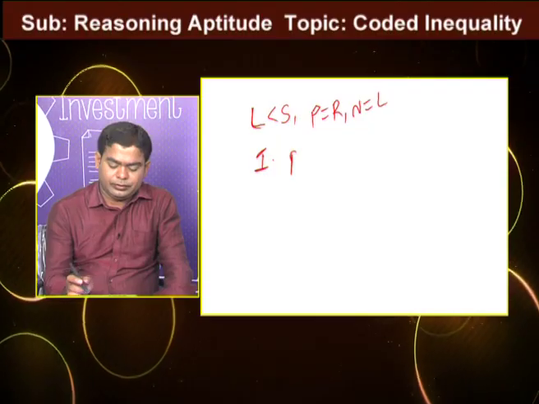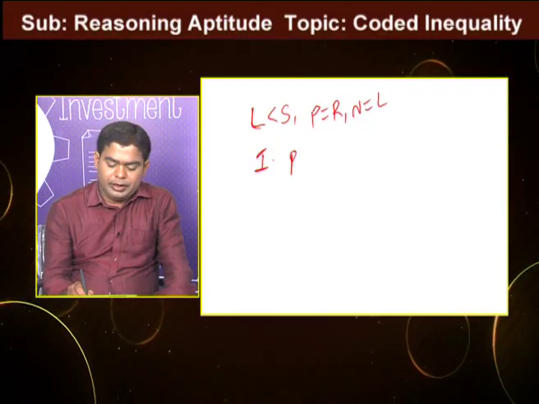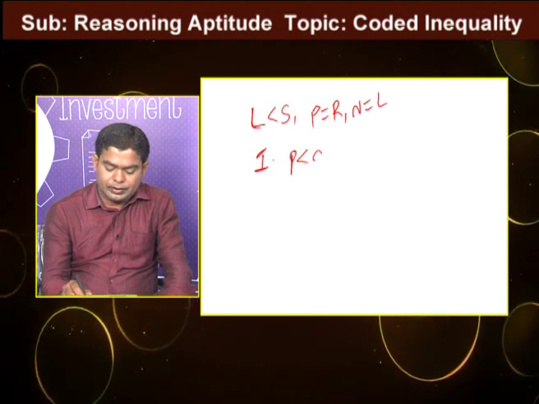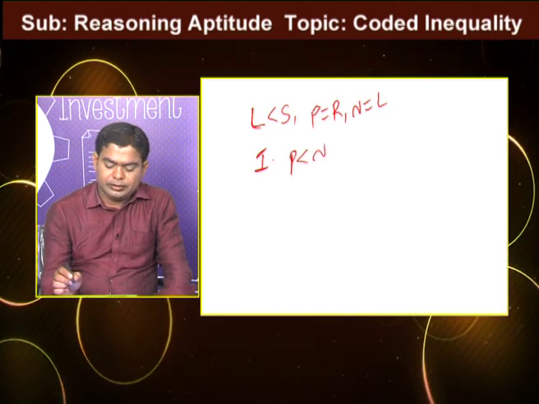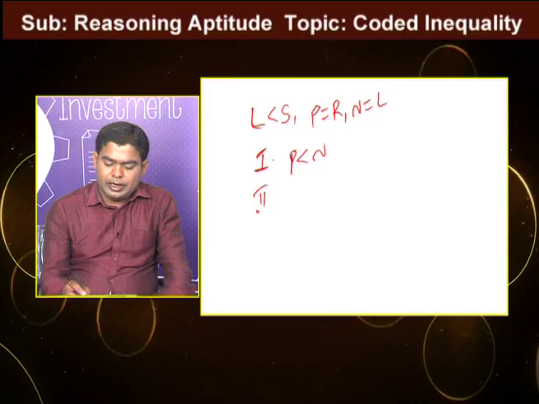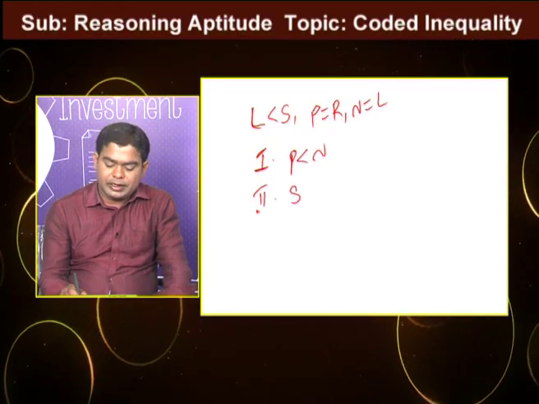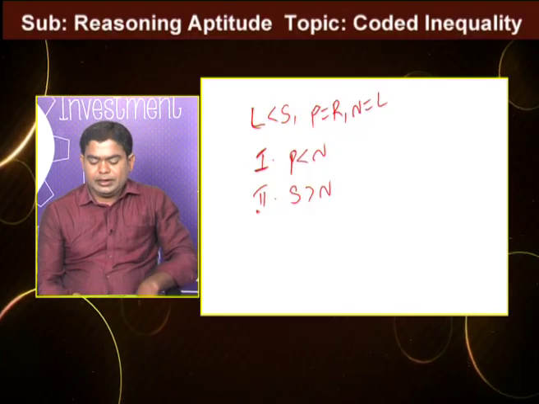Conclusion 1, P dollar N, P less than N. Conclusion 2, S at the rate N; at the rate is denoted greater than, so S greater than N.